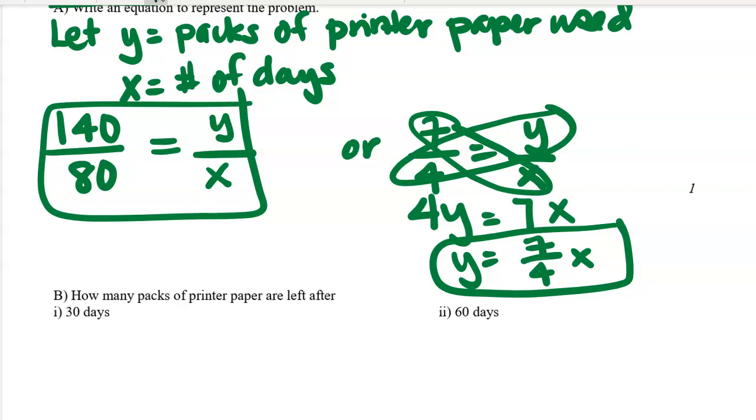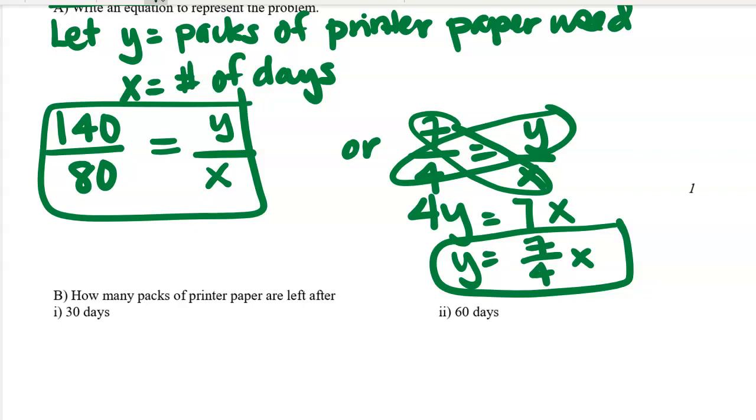Part B says how many packs of printer paper are left after 30 days and 60 days, okay? Remember, this equation represents how many packs of paper what? The y represents what? Use, right? I want to make sure we're clear of the definition.